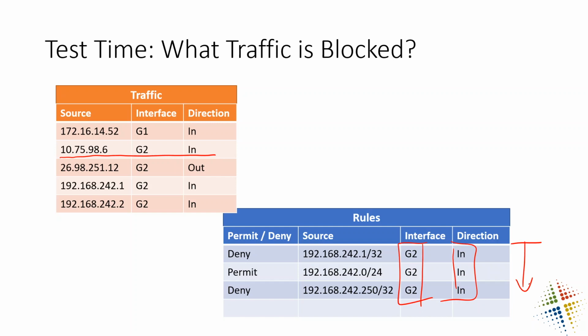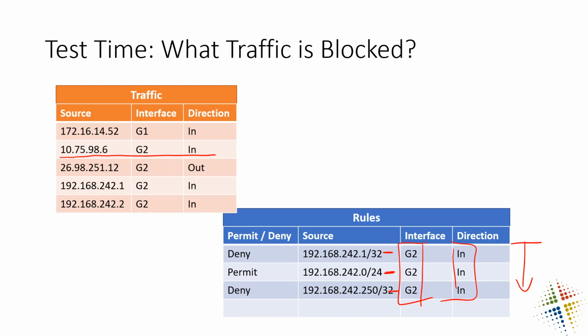We look at the first rule, first source 192.168.242.1. That is not the source IP. Therefore, we do not apply rule number 1. Rule number 2, 192.168.242.0/24. That is not what's in our list there, so that does not apply. Third one, we have a deny for 192.168.242.250/32. That one is not in our list, therefore it is not applied.